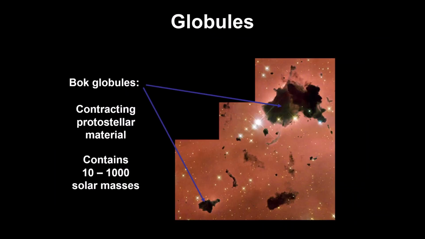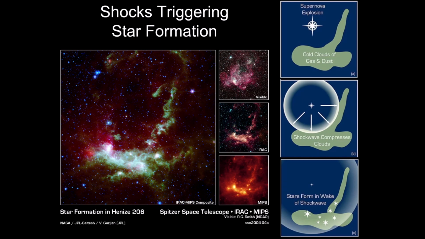And it will stay that way until a process like this disrupts things. The shock wave that comes out is going to compress the cloud, push all the atoms closer together, and give a little nudge to gravity. Gravity can then take over and shrink these things down and cause the star formation process to begin.